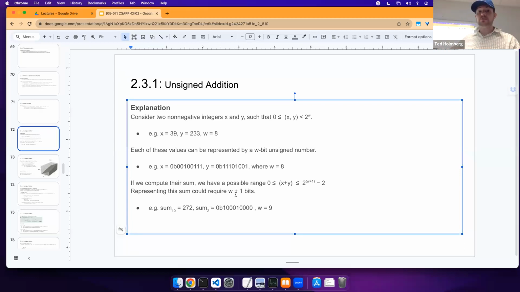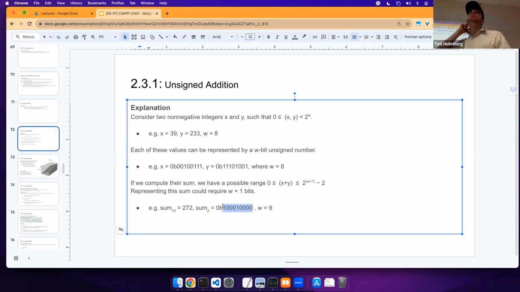In fact, in this instance, we can see that our sum here would be 272. If I were to express that in terms of a bit vector, it would be this string right here. Now, the important part of this string is if I actually count the bits, we can see it's now going to have a word count of 9.